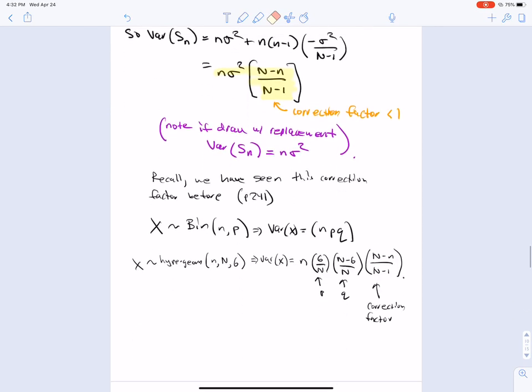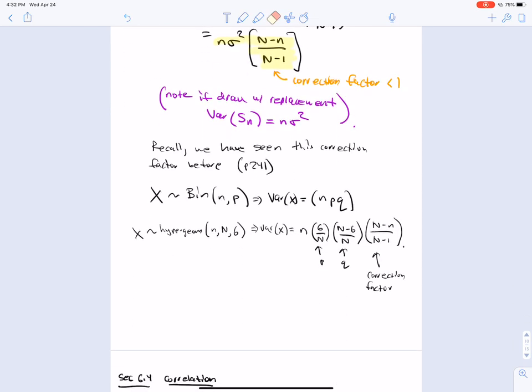And we've seen this before. So for example, for binomial, which is a sum of n independent trials, the variance of x is npq. Now, if x is hypergeometric, N, capital G, you can think of that as you're drawing from a box, population size capital N. You're drawing n without replacement, and there are capital G good tickets and capital N minus capital G bad tickets.